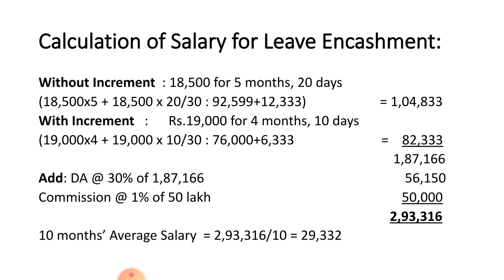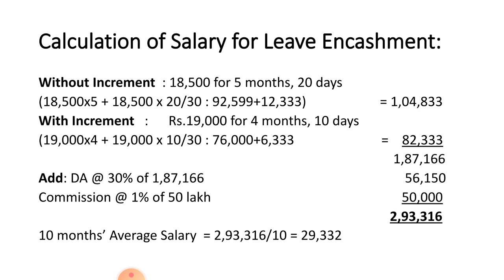and with increment, 19,000 for 4 months 10 days, calculation is given. See that calculation, that amounts to rupees 82,333. So the total amount of salary, that is basic salary, for the purpose of calculation of leave encashment amounts to rupees 1,87,166.